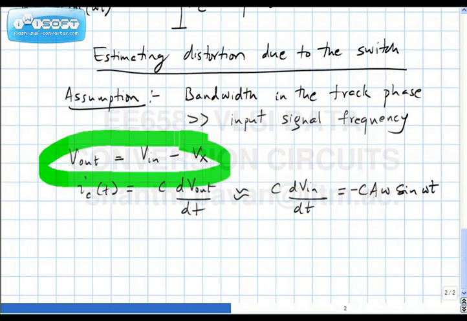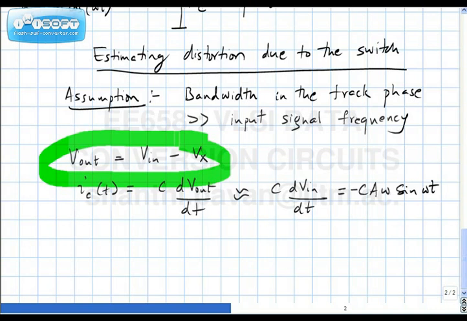For example, the second harmonic component in the output must be the same as the second harmonic component in Vx. The third harmonic component in the output is the same as the third harmonic component in Vx, simply because Vin is a pure sinusoid. Clear?